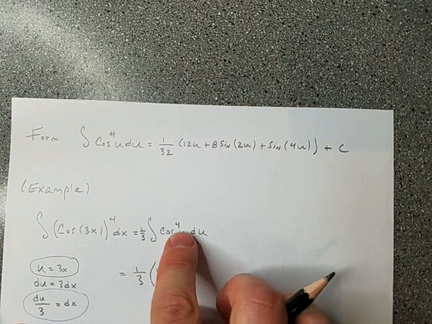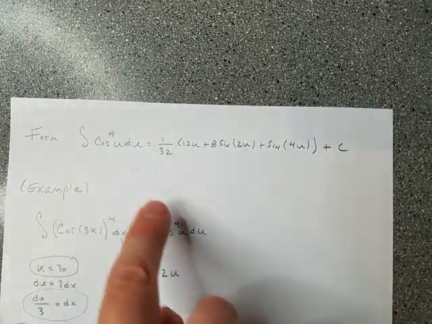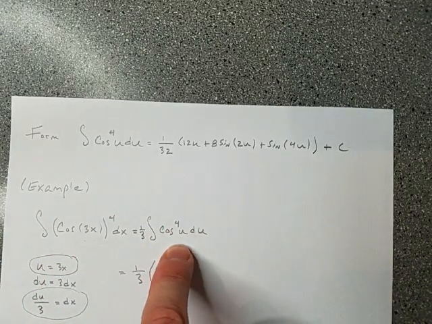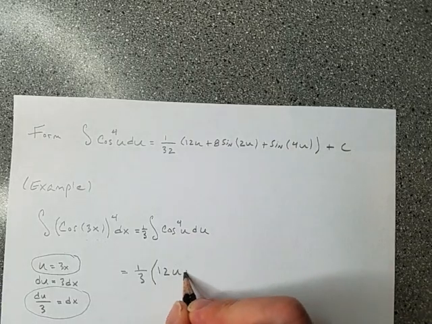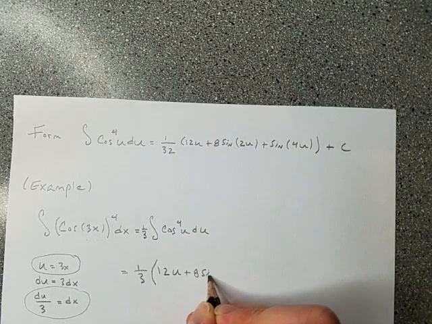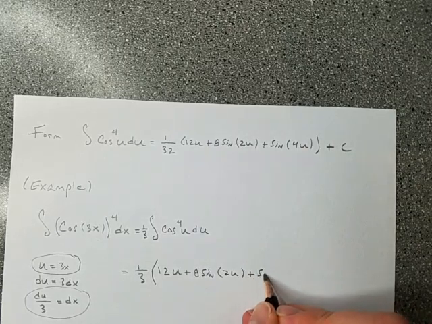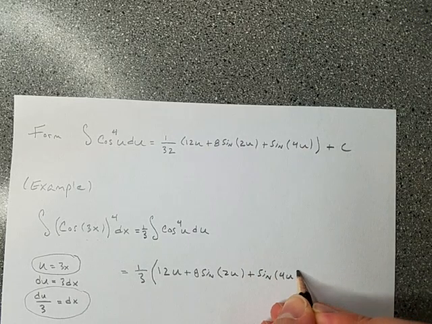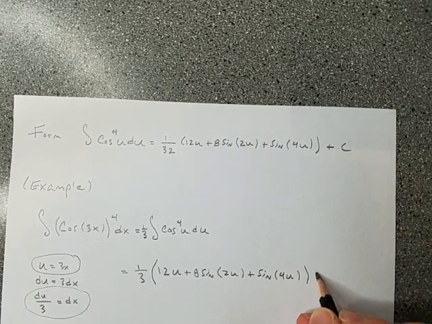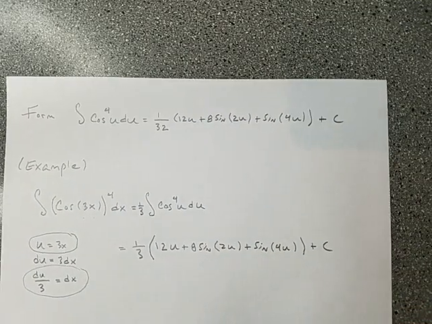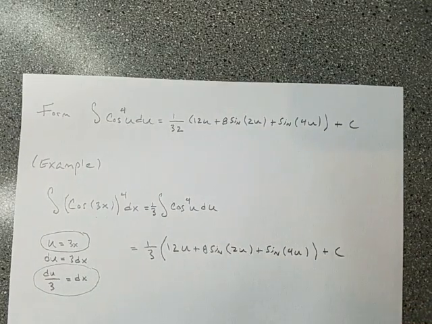Because now, u is the variable in both my formula and the problem I'm doing at this point. 12u plus 8 sine 2u plus sine 4u plus c. Okay. All right. There you go.